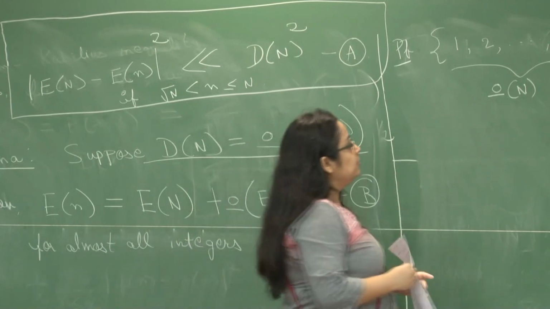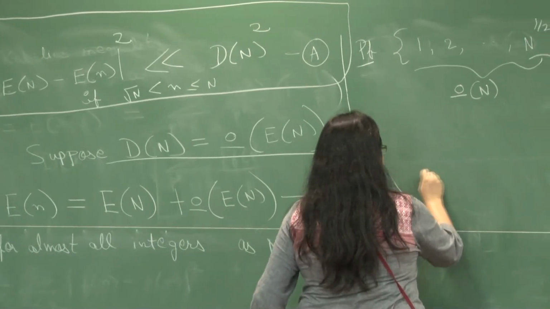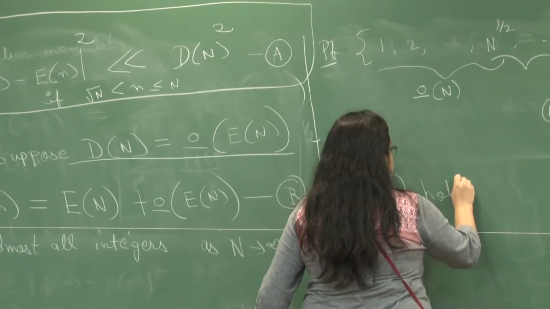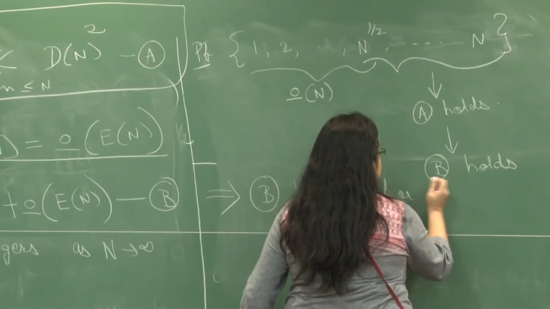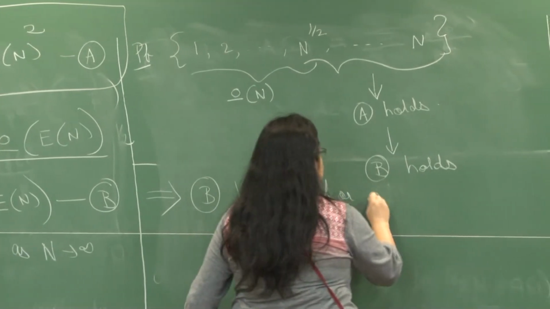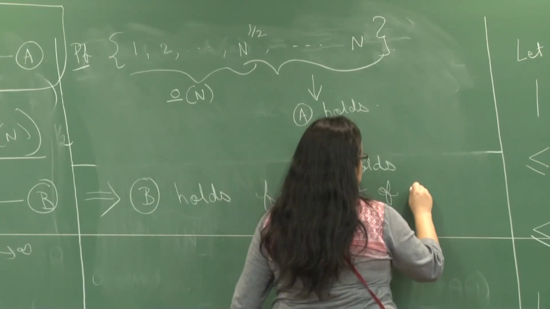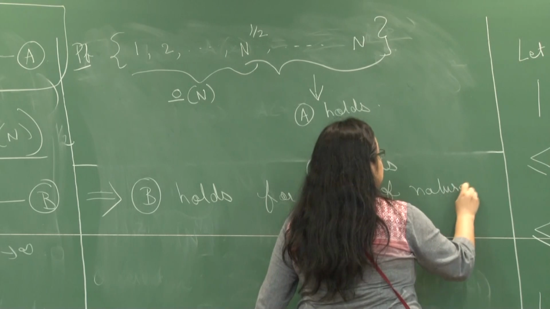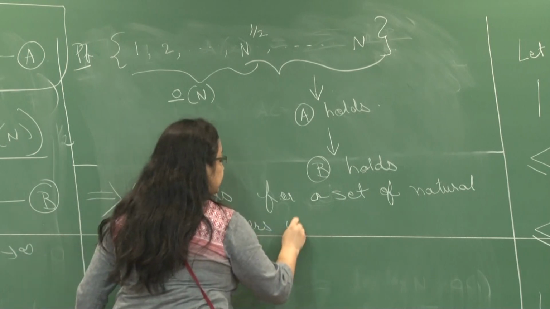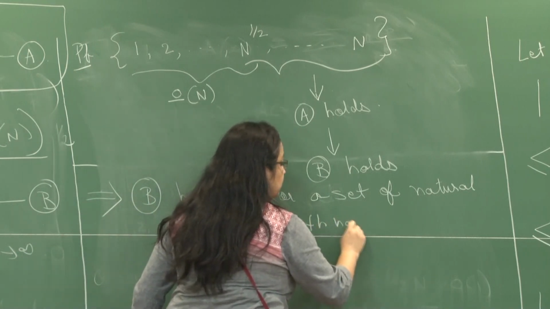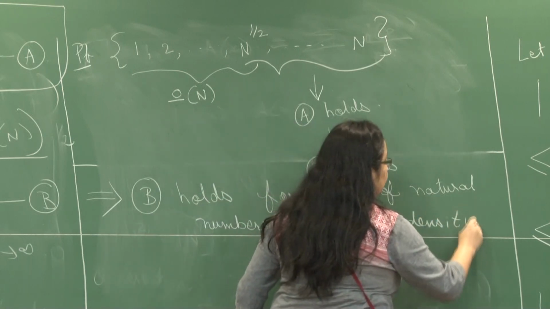And therefore, this implies that equation B holds for a set of natural numbers with natural density 1.